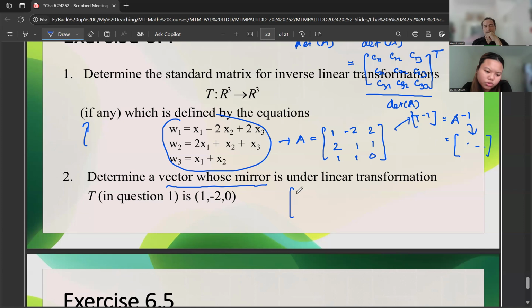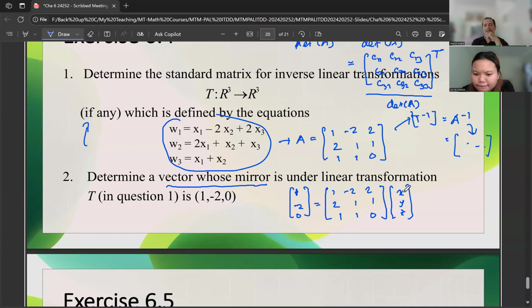Diketahui hasil petanya 1, min 2, 0, dari transformasi yang di atas ini, yaitu 1, min 2, 2, 2, 1, 1, 1, 1, 0. Tapi yang ditanyakan tuh X, Y, Z-nya berapa begitu.